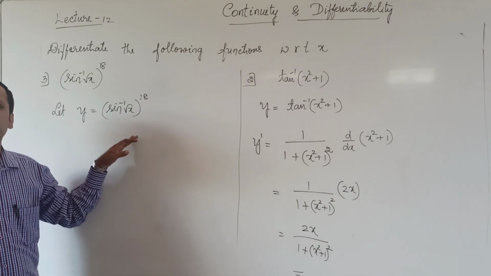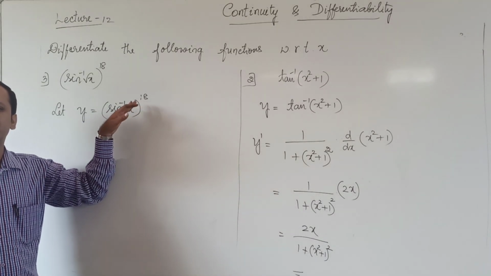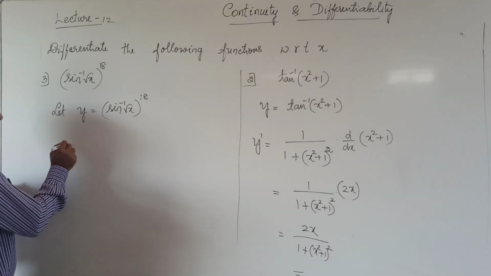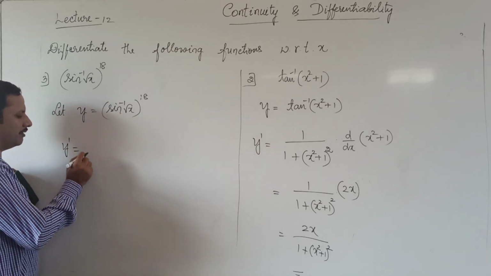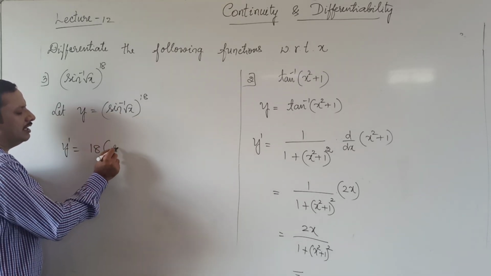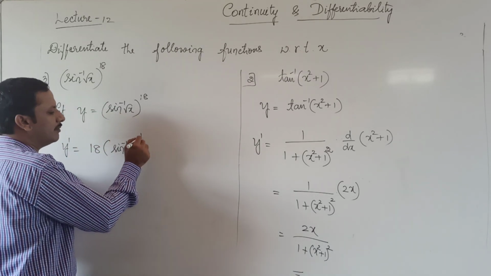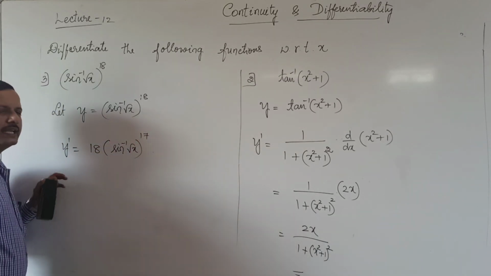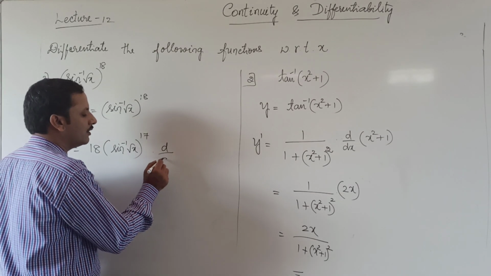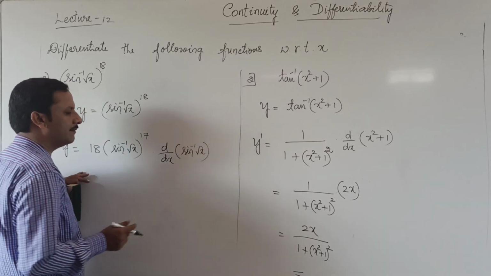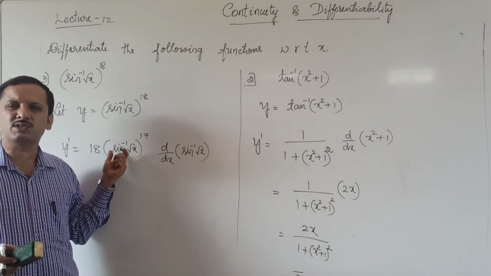When y is equal to x power n, its derivative is n into x power n minus 1. So the derivative is 18 into sin inverse root x whole power 18 minus 1 which is 17, into the derivative of sin inverse root x.